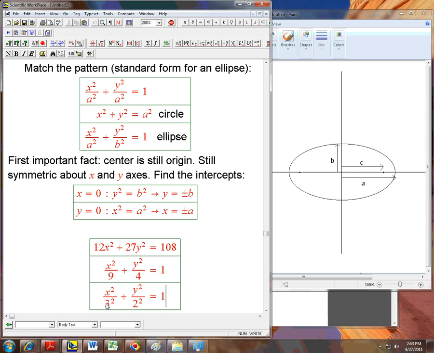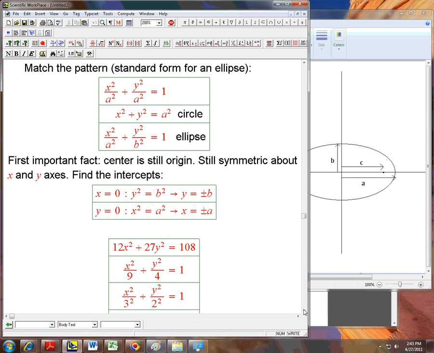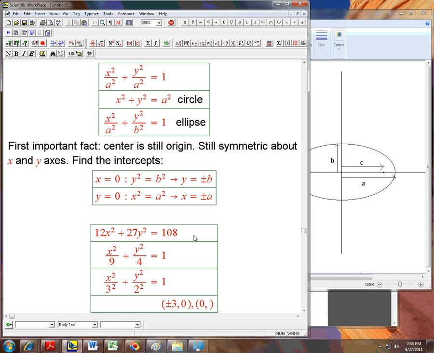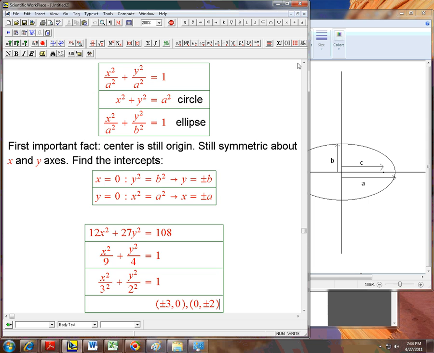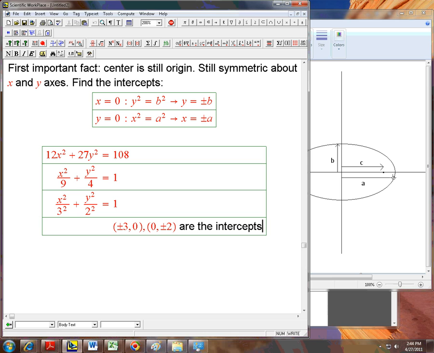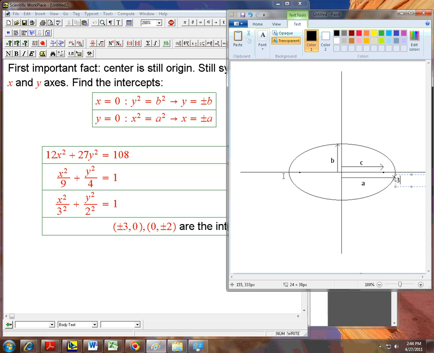Okay, so this is going to have intercepts at plus or minus 3, 0 and 0, plus or minus 2. Okay, so in this picture, this would be 3.